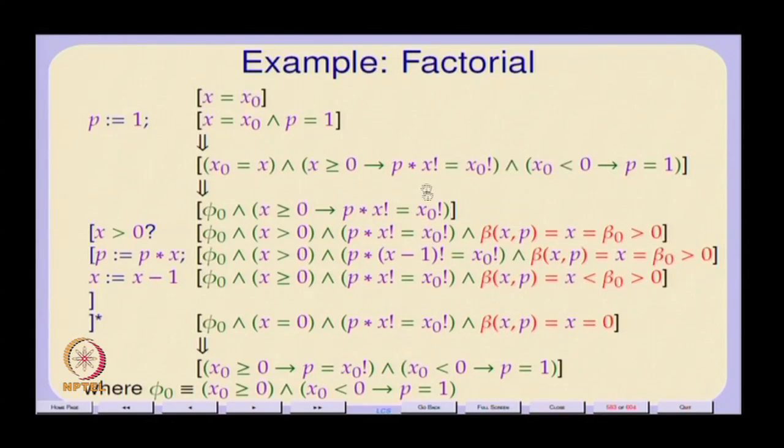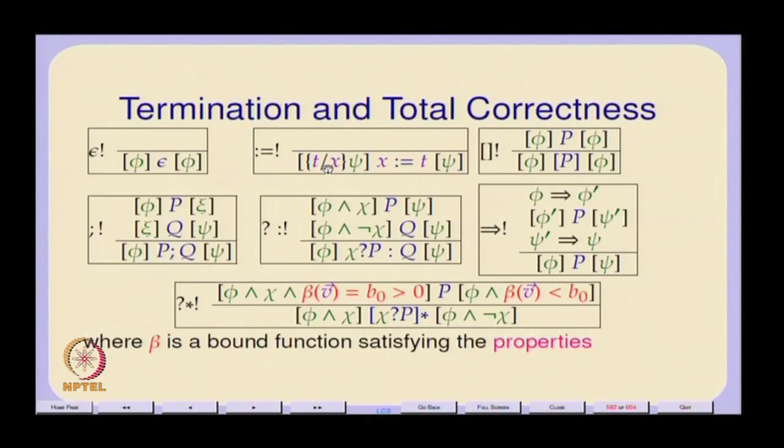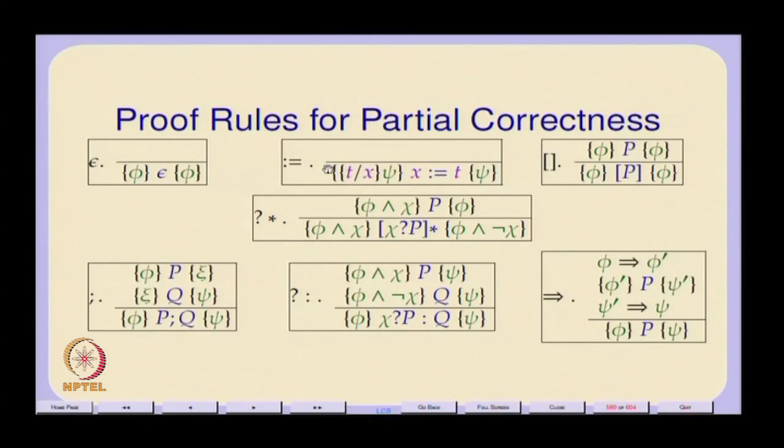Okay. Now let's just look at this factorial and let's just do a quick proof. So what I have done now is, typically I should have written them as triples, right?